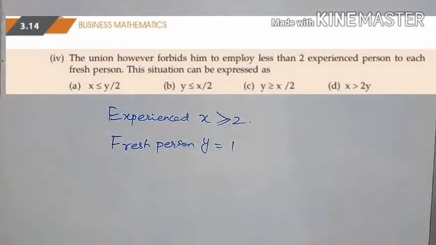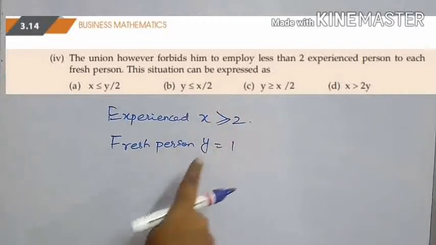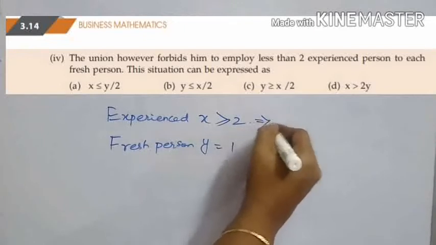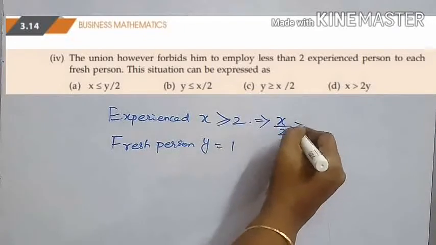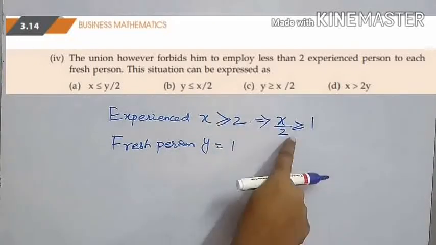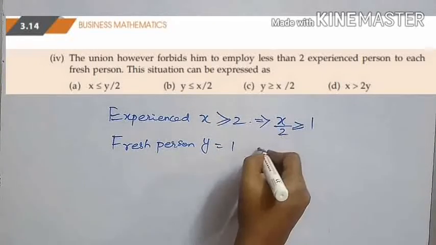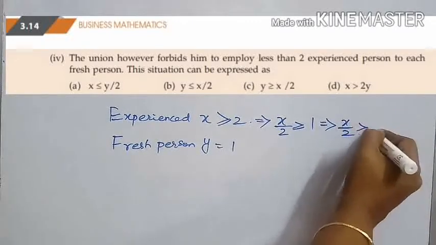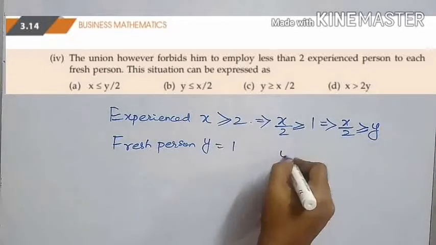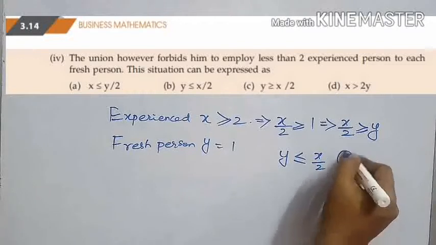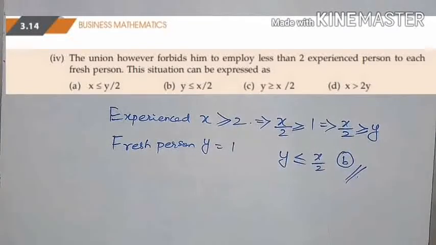So for every fresh person, Y is equal to 1. Similar to the previous problem we have worked out, this inequality can be written as X by 2 greater than or equal to 1. So in place of 1, we can write Y. So we get the inequality as X by 2 greater than or equal to Y, which can also be written as Y is less than or equal to X by 2, which is option B.